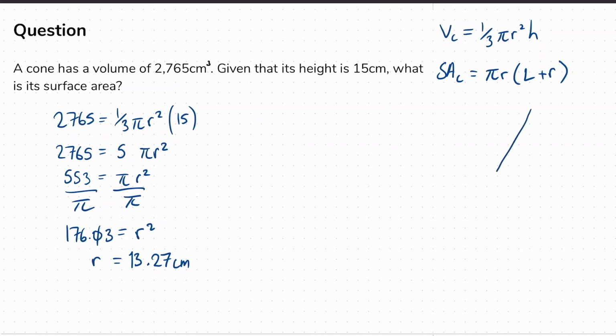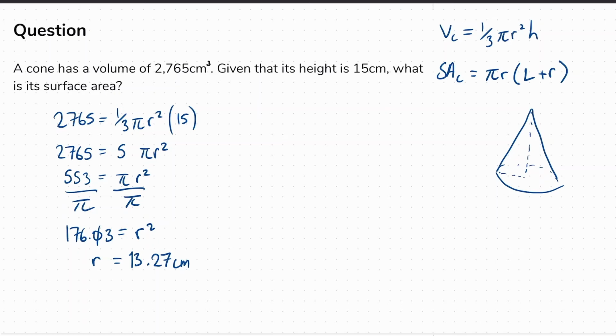So now I don't yet know L. Let's back up a moment here. We've got our cone, right? What we have about it now is the volume. We have the radius, but we don't yet have the length of the slant.